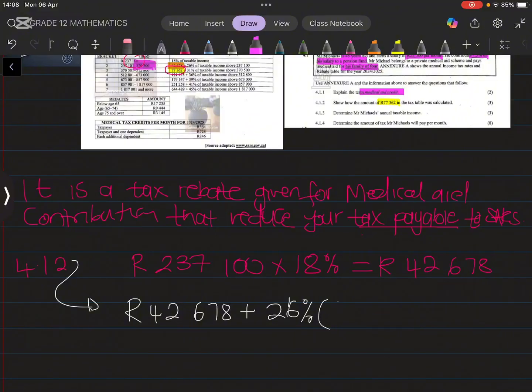We're going to take 370,500, and then we subtract the first bracket, or the above. We subtract 237,100. Then we're going to have 133,400.